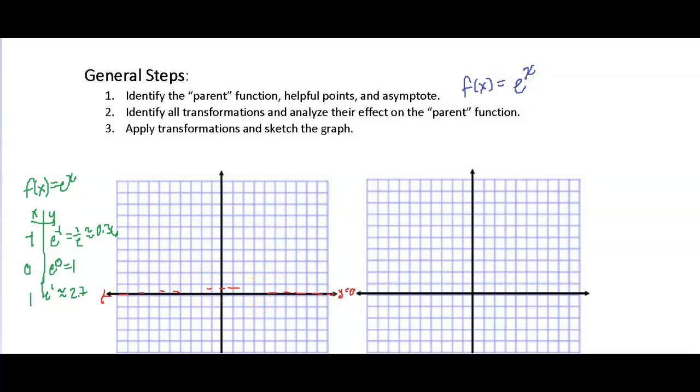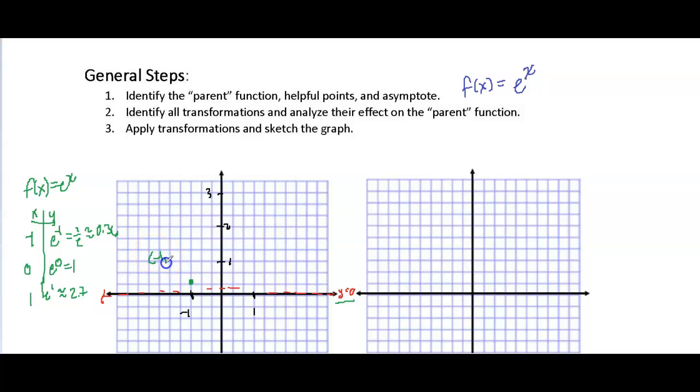And let's put some tally marks here to help us. Let's say this here is -1. This here is 1. Here we have +1, +2, +3. So first, we have that horizontal asymptote, y equals 0. Now let's look at -1, 1 over e, which is about here.